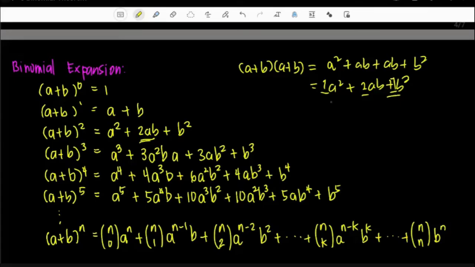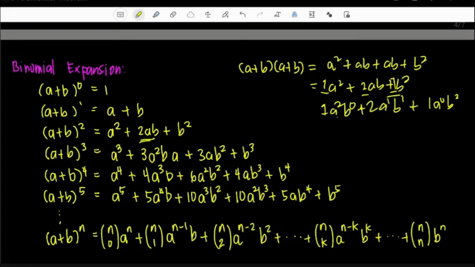So you can imagine a squared b0 plus 2a1 b1 plus 1 a0 b2. So, yung pattern natin, yung power ng a starts from 2, and then 1, and then 0.